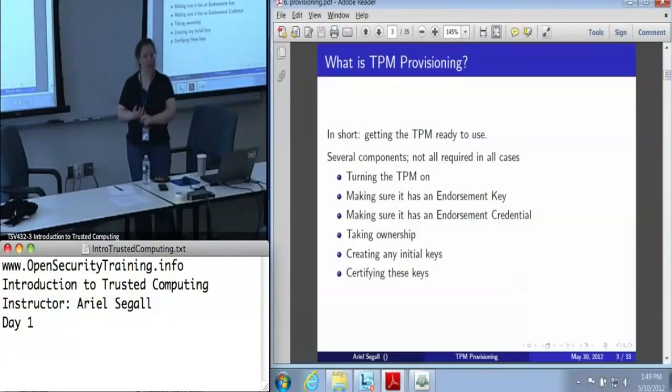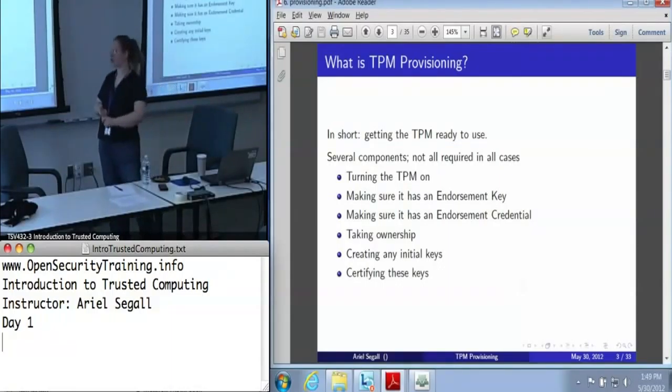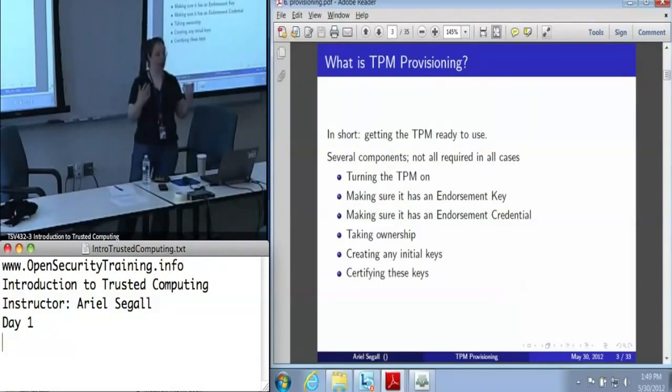You need to make sure that the TPM actually has an endorsement key, which is that other root key we haven't talked about yet. You need to make sure it has an endorsement credential, which is the certificate for the endorsement key, to make sure that we recognize that this is actually a TPM. You need to take ownership. As I said, that's what creates the storage root key, and so it's what allows us to actually use any other keys on the system.